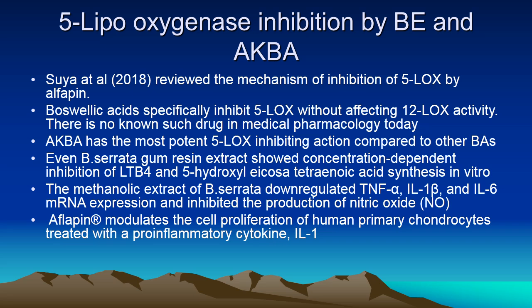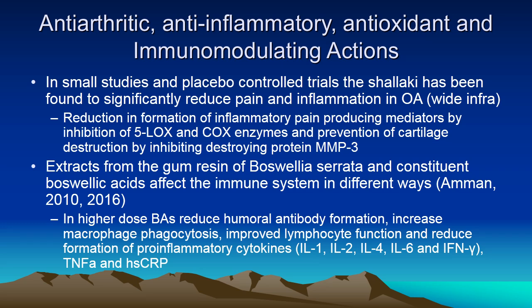Aflapin, which is a registered, patented molecule, modulates the cell proliferation of human primary chondrocytes treated experimentally with the pro-inflammatory cytokine interleukin-1, meaning thereby that it may have a cartilage protective action.